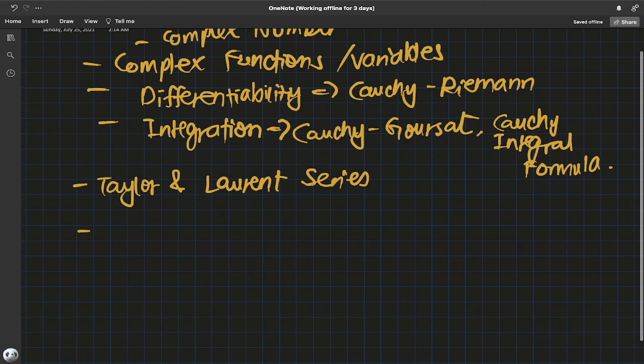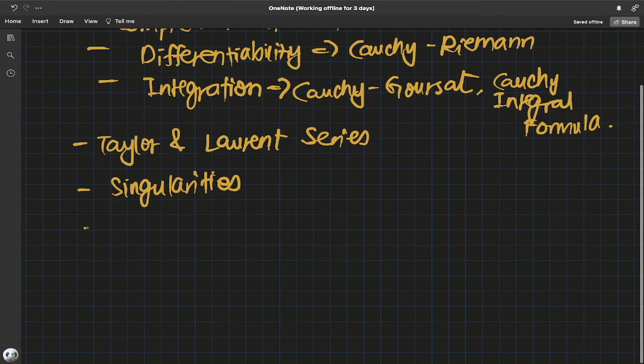So how that depends and how that changes and how that converges, we talked about that. And then after we had that in our bag, we talked about what types of singularities there are, because we wanted to extend out into today's topic of residues.